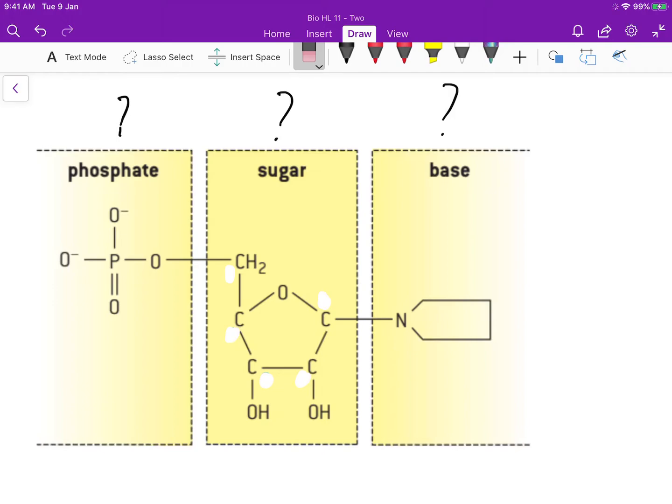Now you can see around here that we're going to get into labeling. It kind of looks like a house. If that's the roof of the house, we look up to the roof and we can see that the right top of the house is labelled as carbon 1.